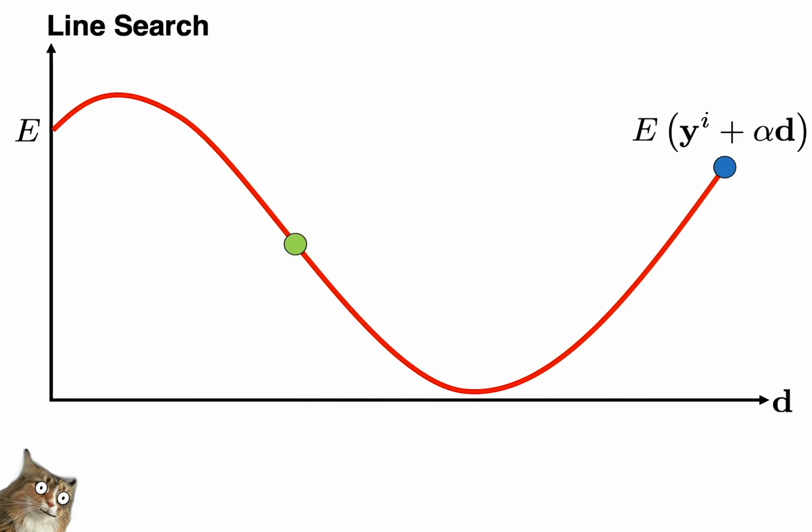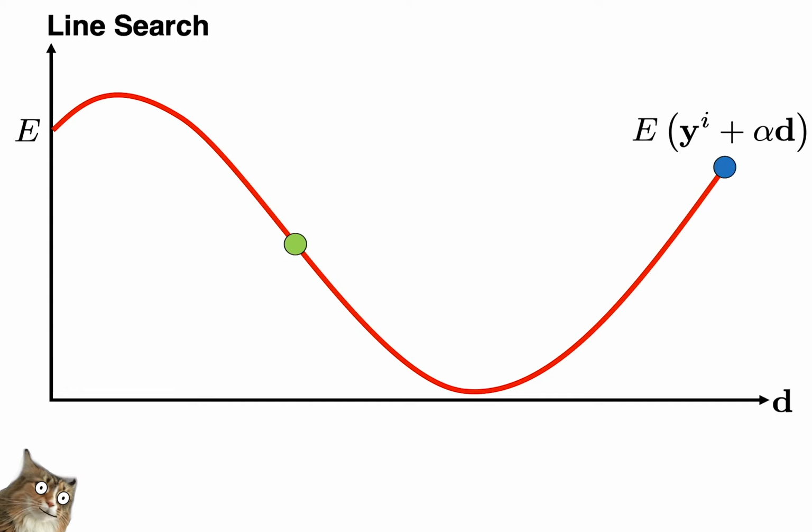Here's a one-dimensional view of our energy function along the search direction d. Here we see that our updated velocity, computed with a default alpha, actually produces a higher energy than our initial guess. We want to prevent this from happening, and so we need to pick some criteria which determines whether an update is acceptable or not.